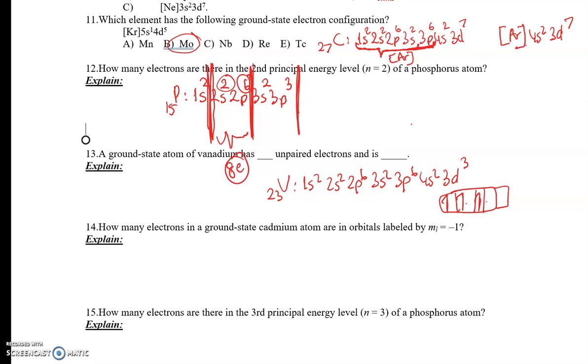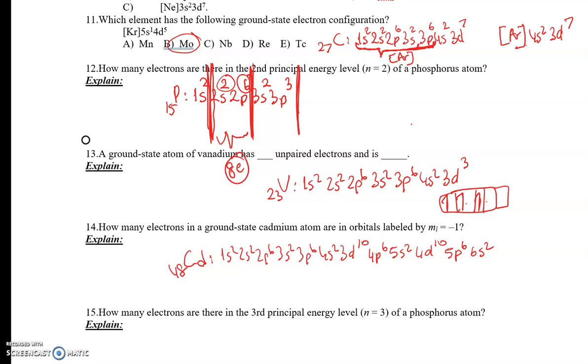Cadmium here has 48. It's going to be a long electron configuration. Well, it's going to be 1s2, 2s2, 2p6, 3s2, 3p6, 4s2, 3d10, 4p6, and 5s2, 4d10, 5p6, and 6s2.